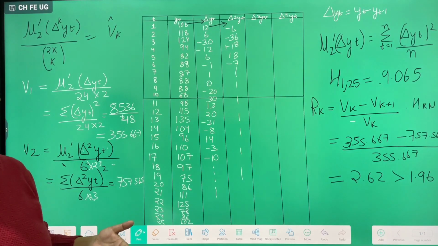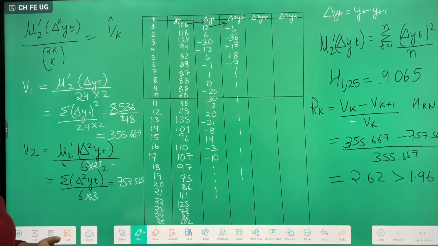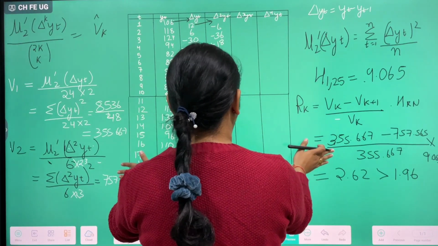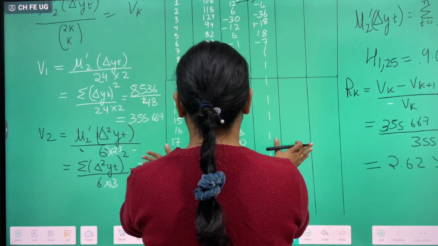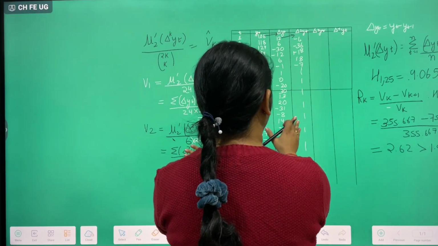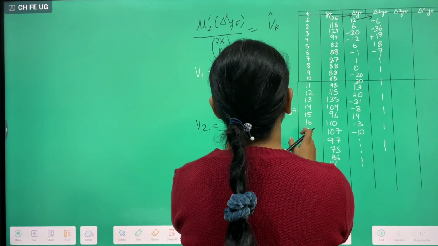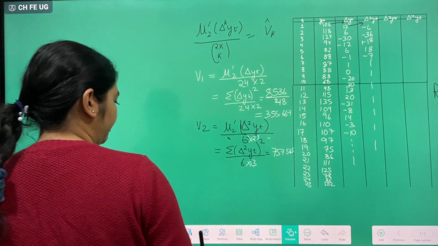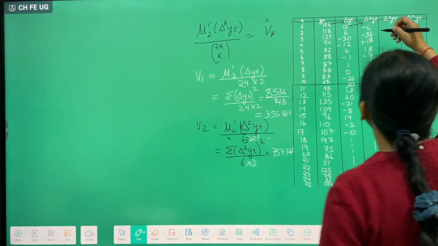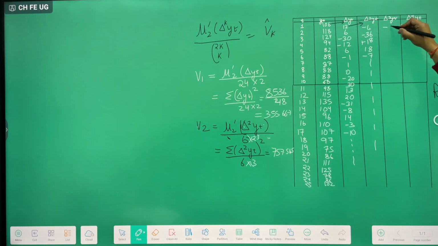Now we'll find V3 for this. So again for V3, first of all, we'll find this: minus 36 plus 6 minus 30. 18 plus 36 would be 54. 18 minus 18 would be 0.